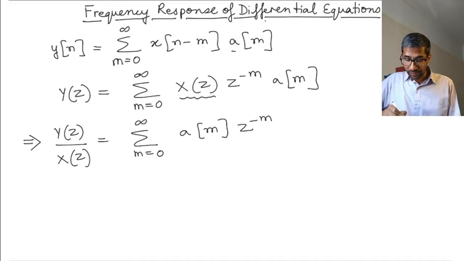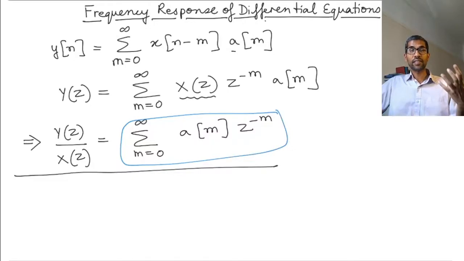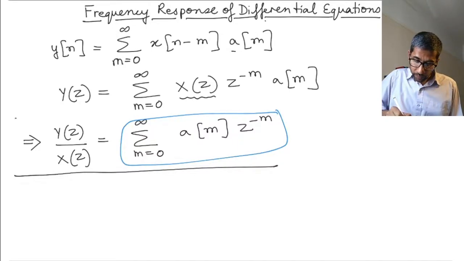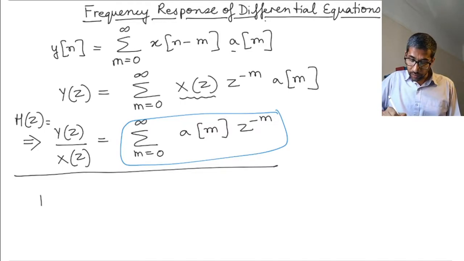Now, this is kind of the Z domain representation of what your system is. So if you can evaluate this, you can get the Z domain representation. Now, how do you go from here to the frequency domain representation? Let's say the transfer function is called H(z), and what I'm asking you is, how do we go to H(e to the power j omega)? I'm going to give you a clue here.